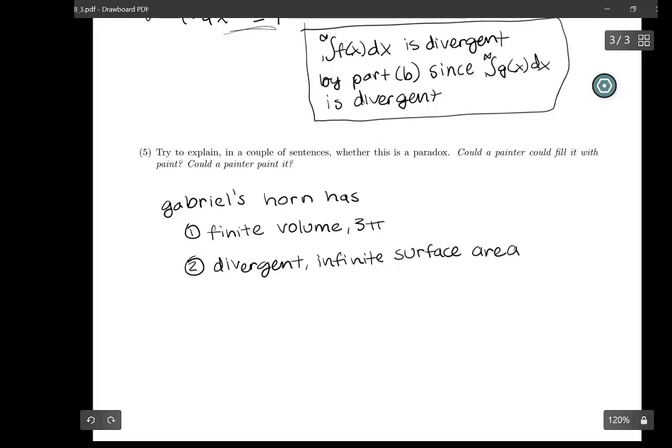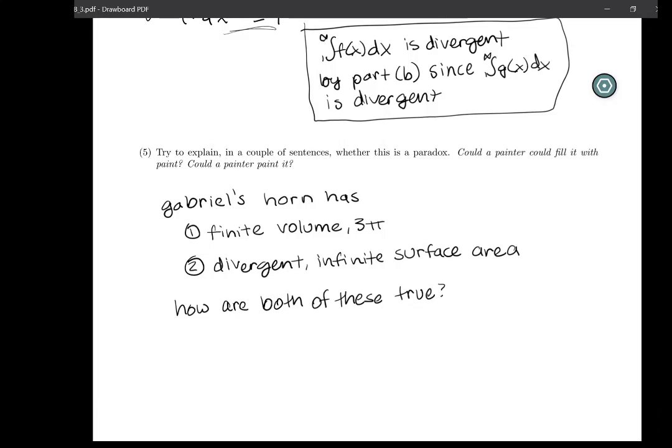From the second fact about Gabriel's horn, it continues to infinity. You can't calculate the surface area. It's constantly growing. So how are both of these true? How do you have a shape that has a finite, calculable volume that we can point at? We can do a little bit of calculus and say this has a volume of 3 pi.